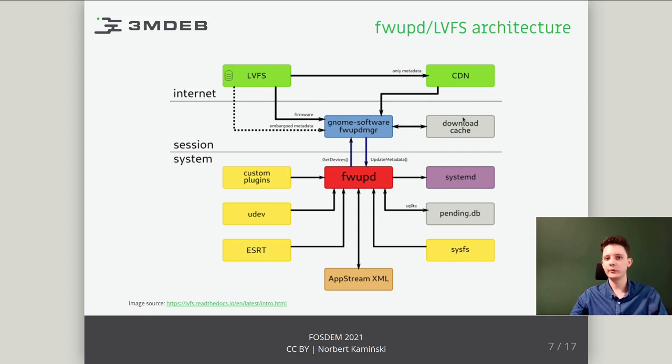The cache could be used to test the device, to downgrade and upgrade the firmware without downloading the firmware from the LVFS all the time, and could also be used if you want to upgrade a few of the same devices.